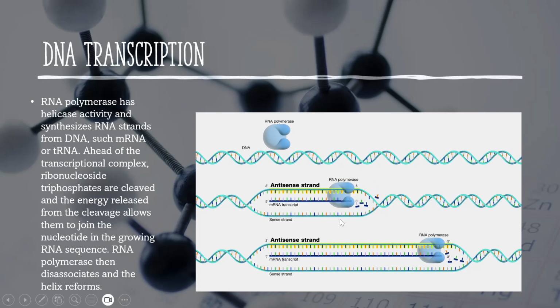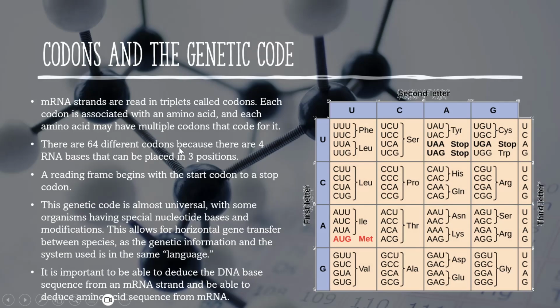And after it's done transcribing and it hits a stop sequence, the RNA polymerase dissociates, and then other proteins come in and reform the helix. You don't have to memorize the codon table. I don't know if you have to memorize the start and stop codon.